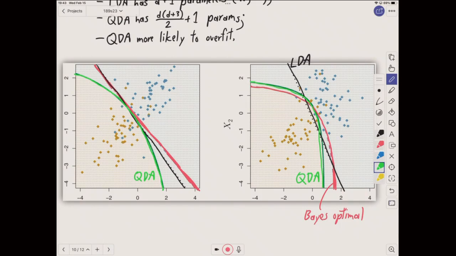And the decision boundary you get hopefully will converge to the Bayes optimal decision boundary in the limit as you go to infinity.